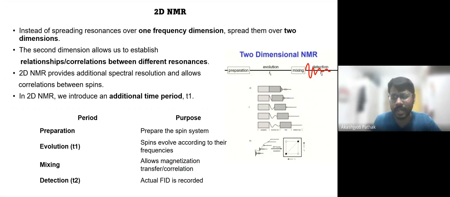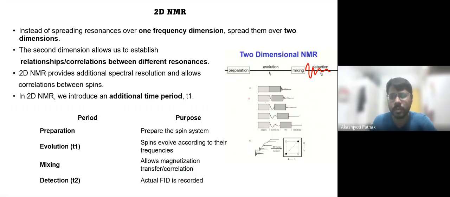If you see this figure from the lecture slide, at each cycle there is an increment in the T1 period, and with each increment in the T1 period, the FID is collected.